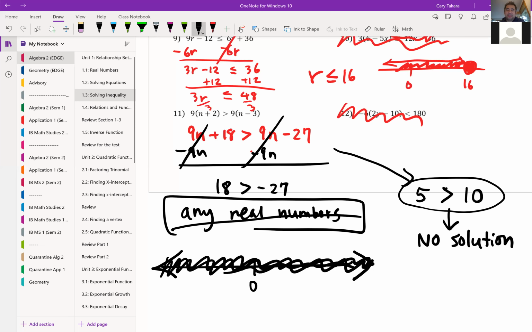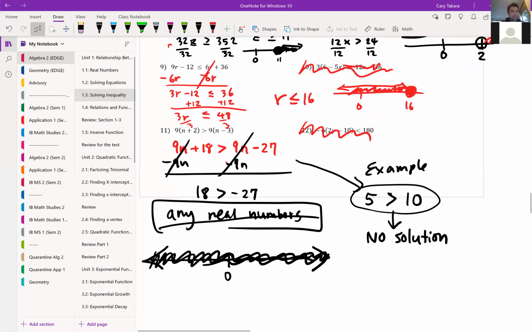This is an example, by the way. If you get the solution where it says 5 is greater than 10, it doesn't make sense. That's a false statement, isn't it? In other words, no solution exists for this inequality. Okay.